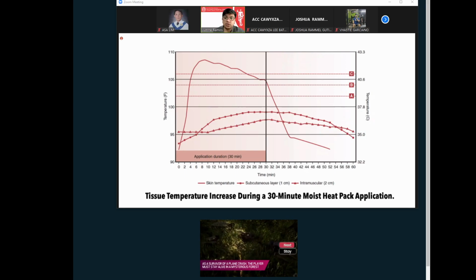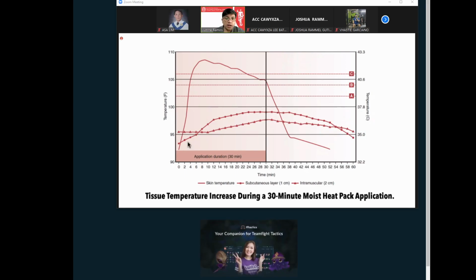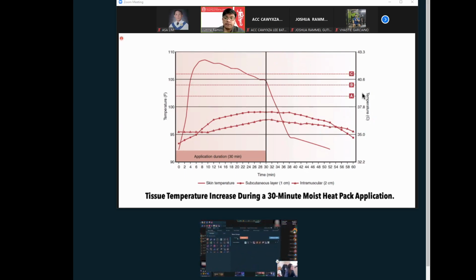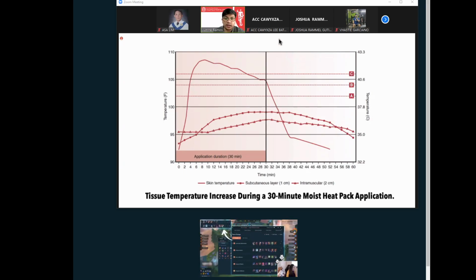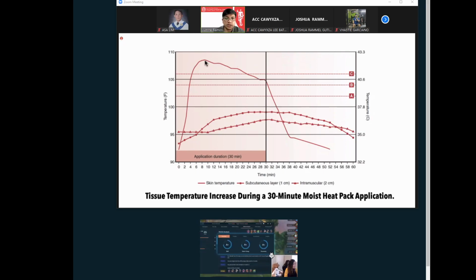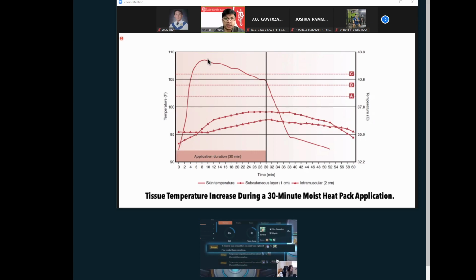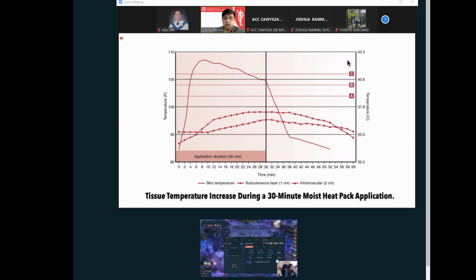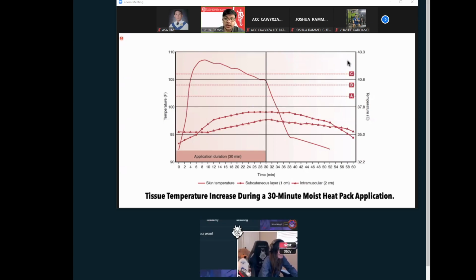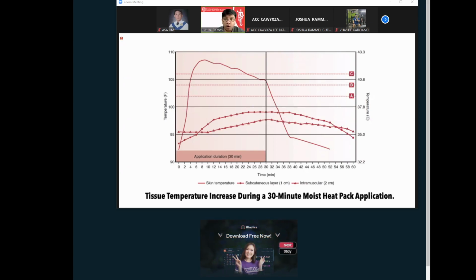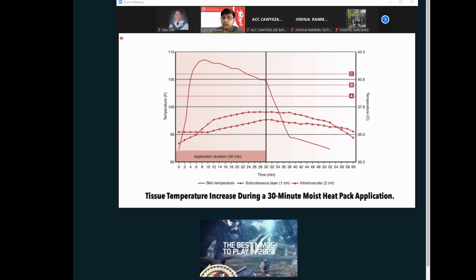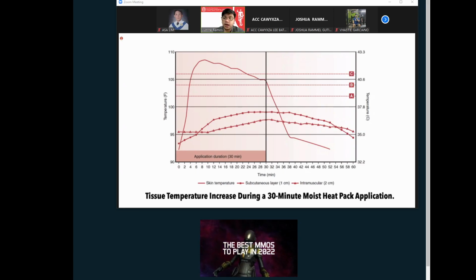Right? So, at 102 degrees Fahrenheit, or roughly around 40 to 41 degrees centigrade. As we reach the therapeutic levels, which in this figure is at 41 or 42 degrees Celsius, there is an increase in the release of oxygen, which is carried by your hemoglobin.